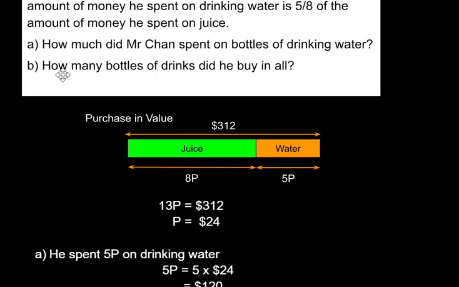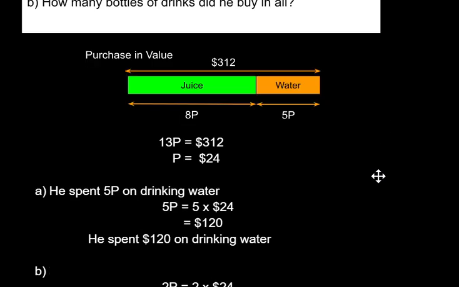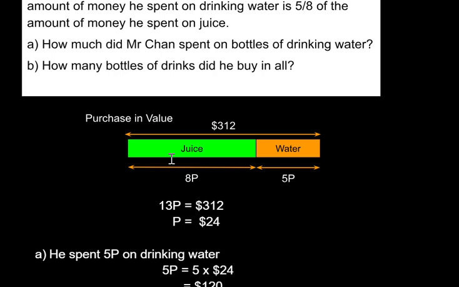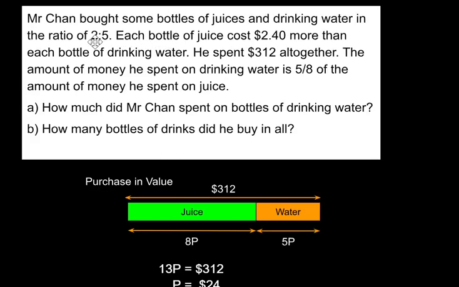Part B asks how many bottles of drinks did he buy in all? You already know that he spent $120 on drinking water, but you do not know exactly how many bottles he bought or the cost of each bottle. But we know he bought juice and drinking water in the ratio of 2:5.